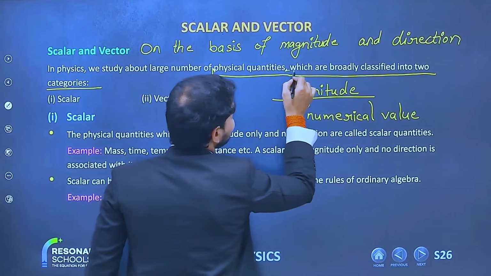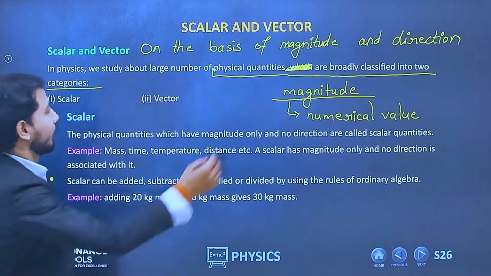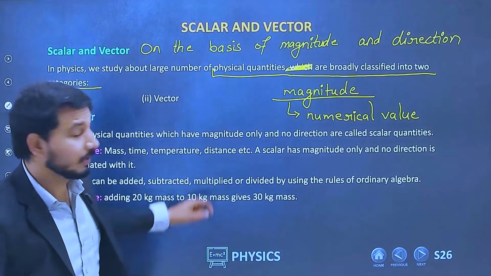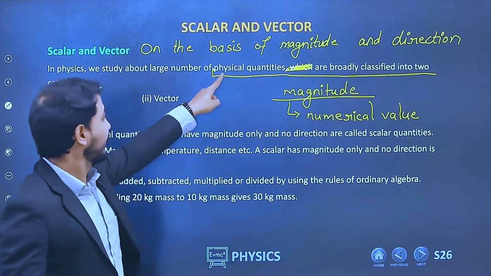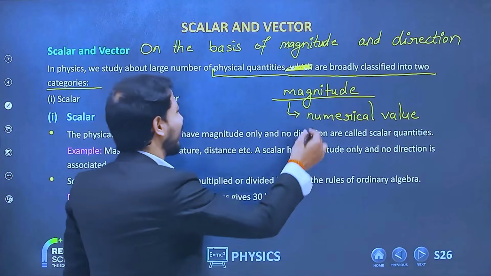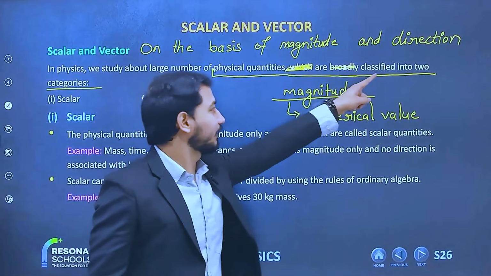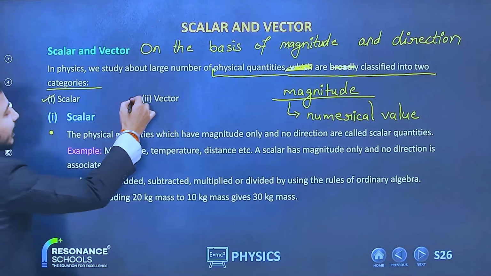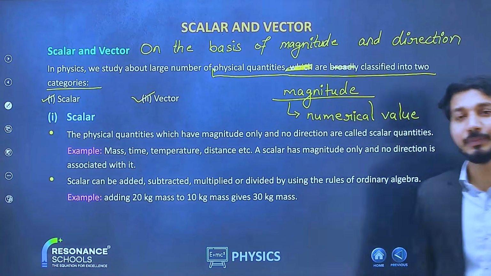Listen, see on the screen, what do you write? On the basis of magnitude and direction, physical quantities are classified into, or you can add broadly, or you may not add, that is also okay, no issues. Physical quantities are classified into two categories. First one is scalar, second one is vector. Write fast and let me know.